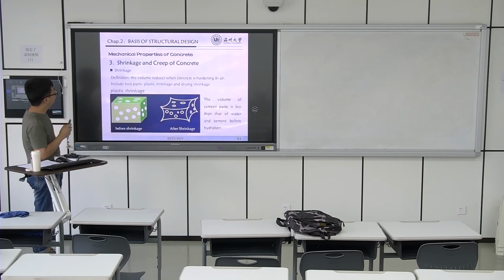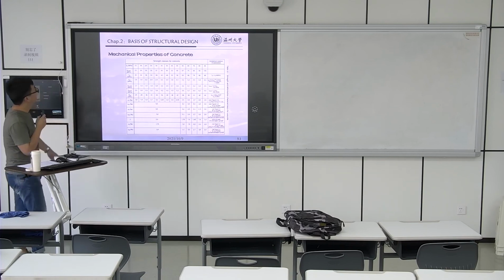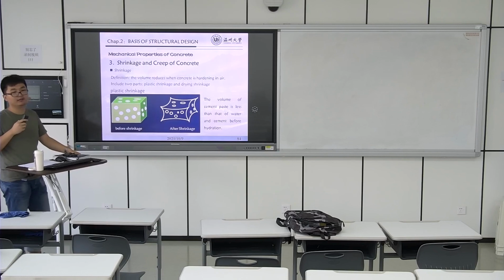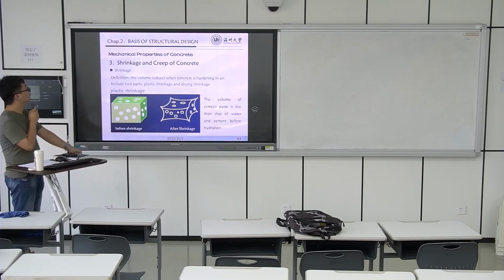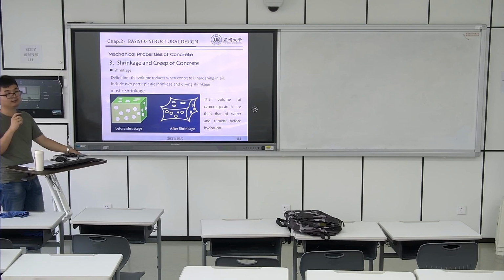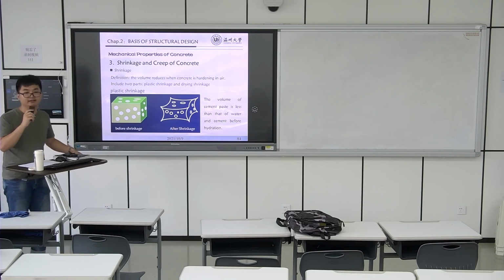Okay, then there is the basic mechanical property of the concrete, and today we finished, and later we will talk about shrinkage and creep. I will put this material to next week. And today's class, I think our students may be tired.